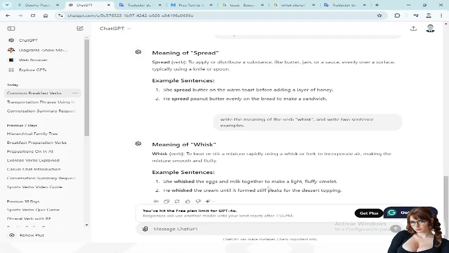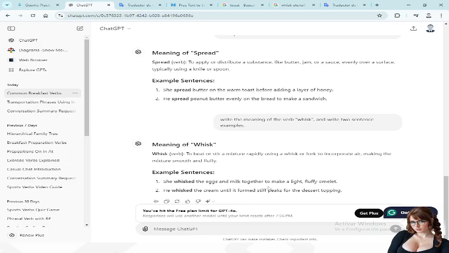or fork. Remember that fork is another utensil that we can use to incorporate air, making the mixture smooth or fluffy. I think that is enough to understand the meaning of the verb whisk.